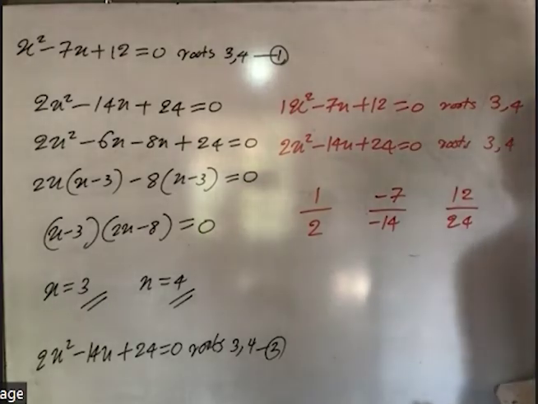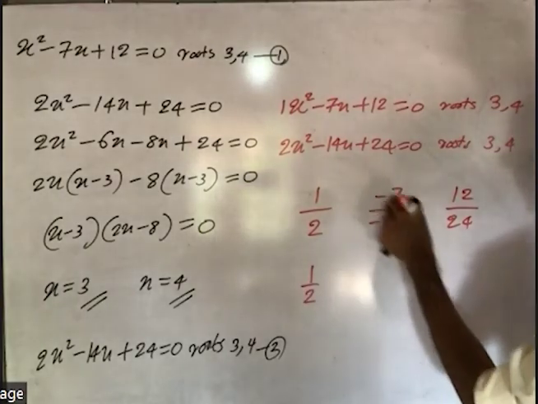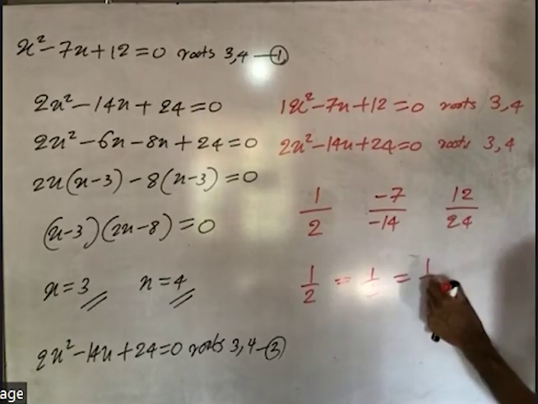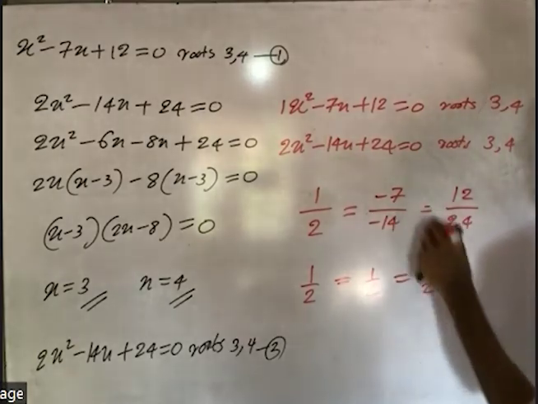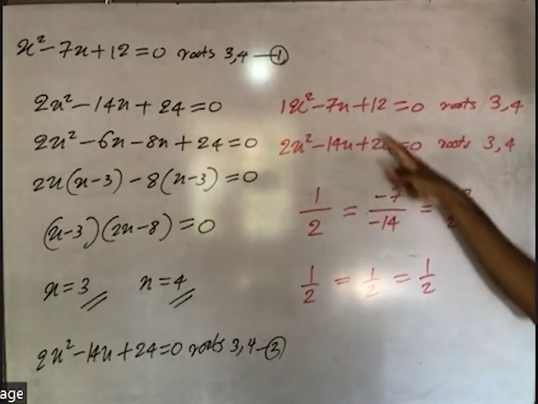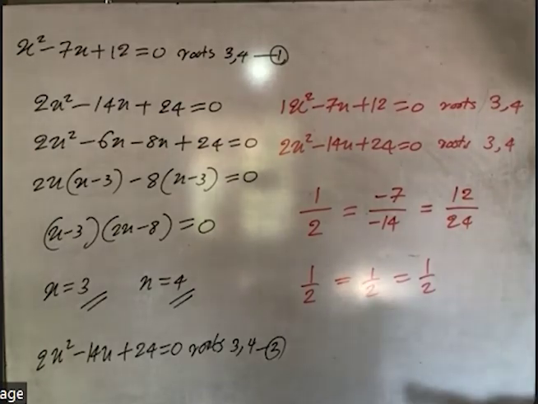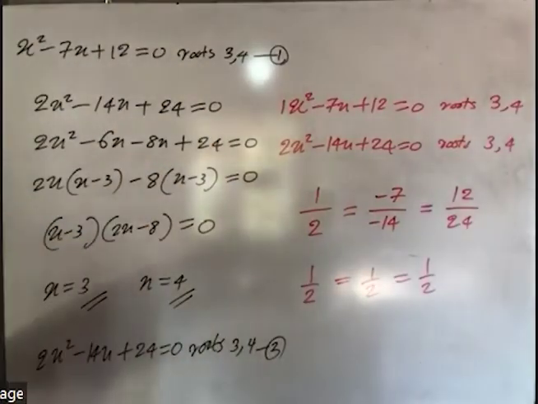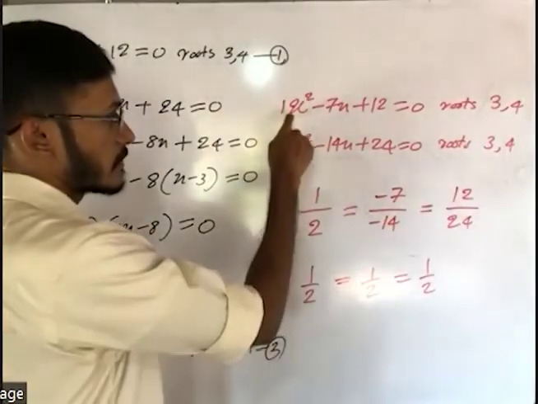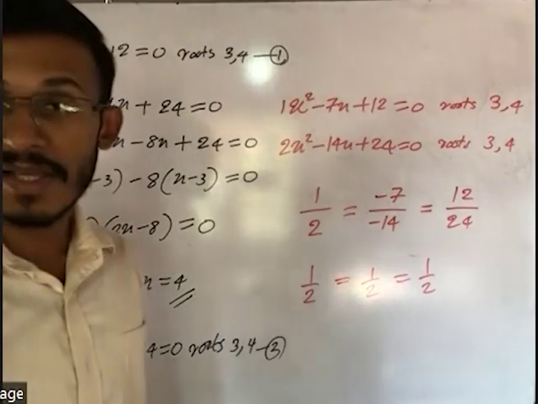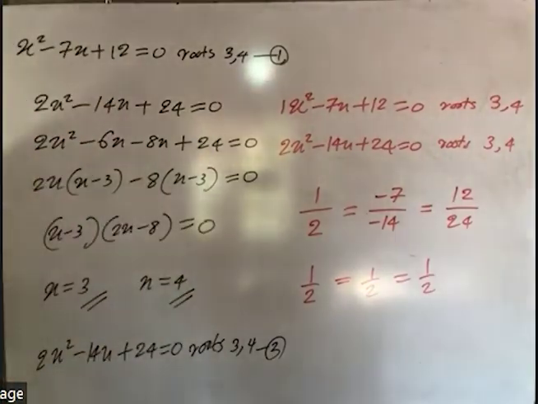Right? So if you simplify, this is equal to half. Minus 7 over minus 14, that is also equal to half. 12 over 24, that is also equal to half. So if you look at this, the coefficients are not equal, but they are directly proportional. In these corresponding terms, the coefficients are directly proportional. That is a very important relation when we are using this for the next part.